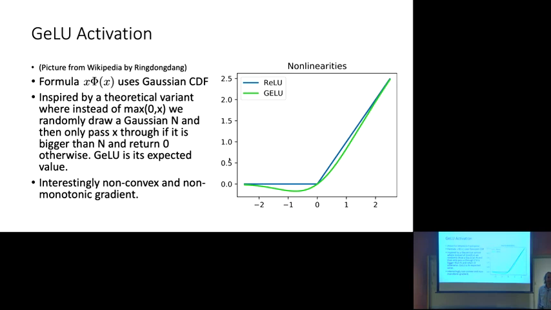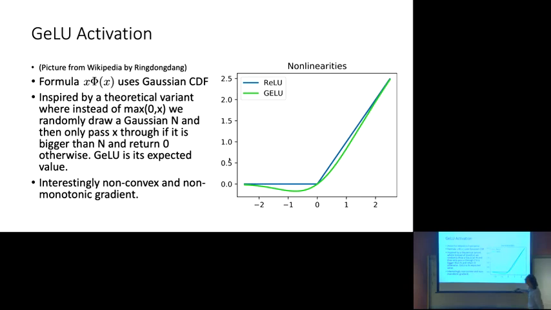Why can't I let the 0 be any small number? You see how you might naturally think that? So what you can do is say, I'll pass something through only if it's bigger than a Gaussian n, and I'll just return 0 otherwise. It's not quite max of Gaussian and 0, but it's kind of like gating by a random thing and being 0 otherwise.